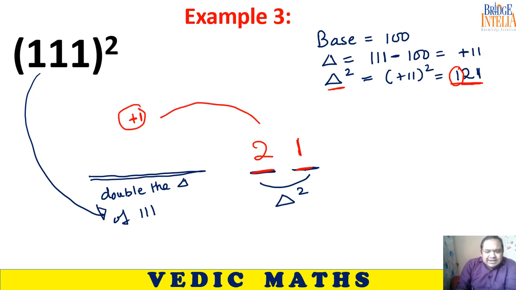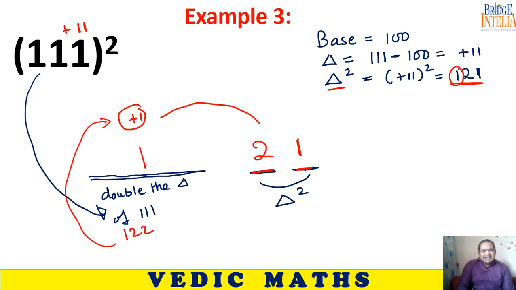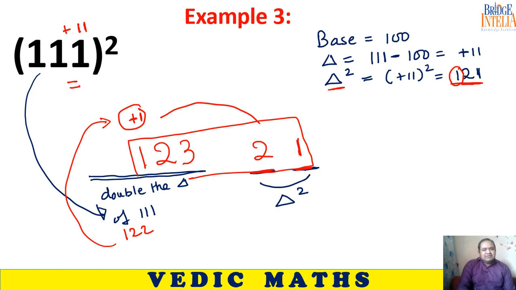In the first blank space, I was supposed to double the deviation of 111, which means 111 plus one more 11. So 122, and this plus 1, so the final answer I have to write here is 123. So the final answer is 12321. So 111 whole square is equal to 12321.